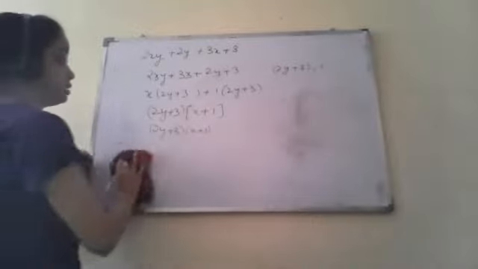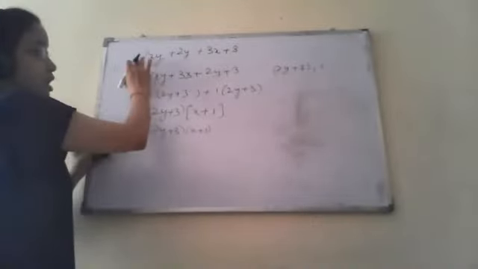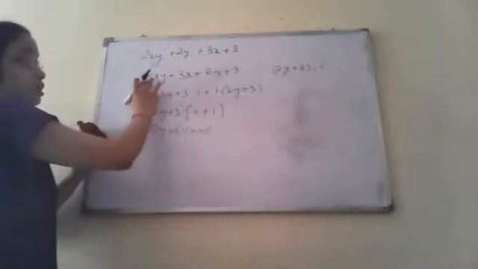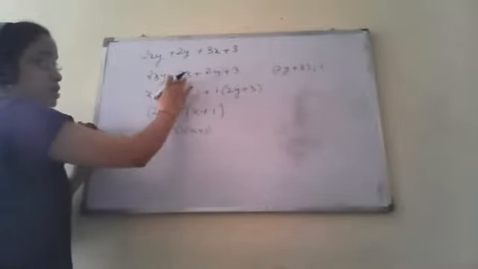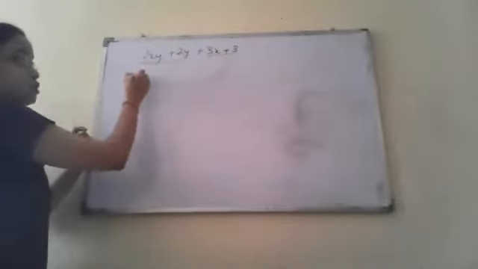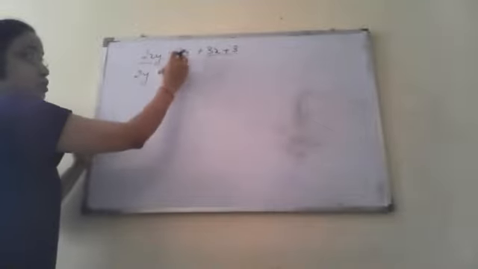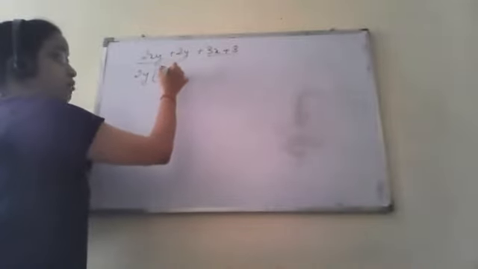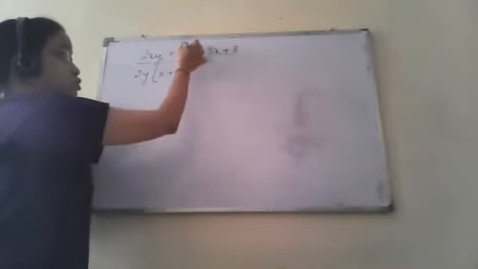Now there is one more method. This is one way where we have rearranged the expression, with 2xy and 3x together. Now what we can do is group these two terms together differently: 2xy and 2y. What is common between them? 2y is common. What is left is x, and 1, since 2y can be written as 2y into 1.